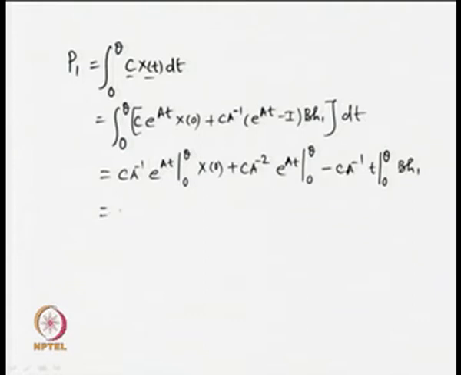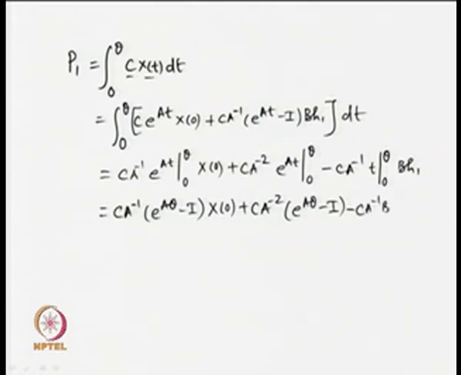Upon simplification this gives c A inverse (e^(a theta) minus I) times x(0) plus c A^-2 (e^(a theta) minus I) minus simply c A inverse b h1 theta. So, the part P1 has been found in this form.